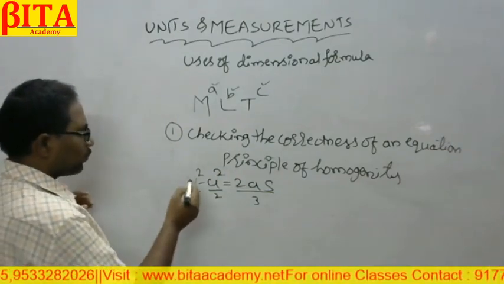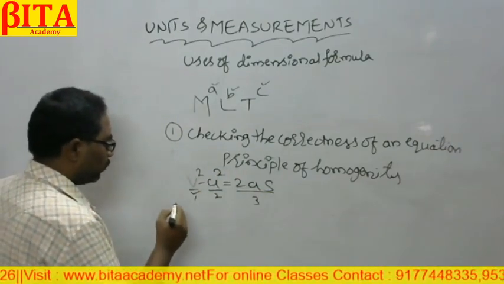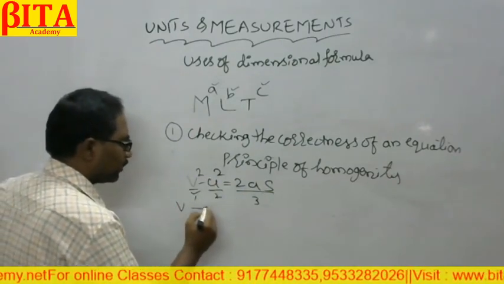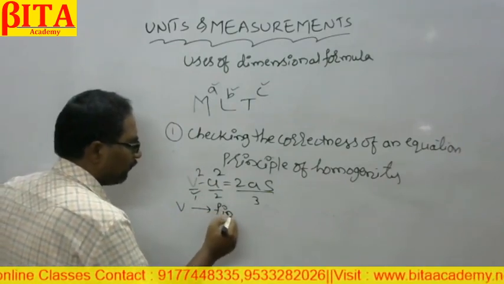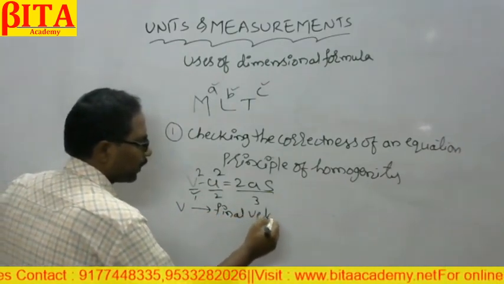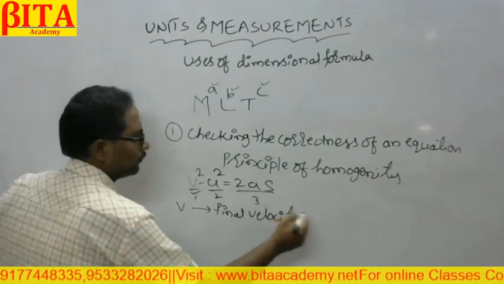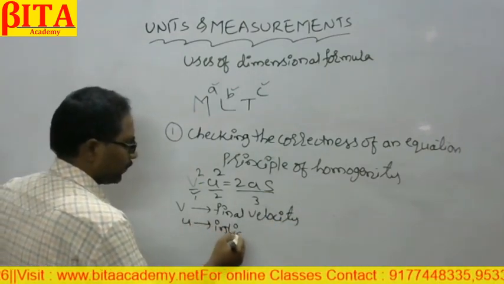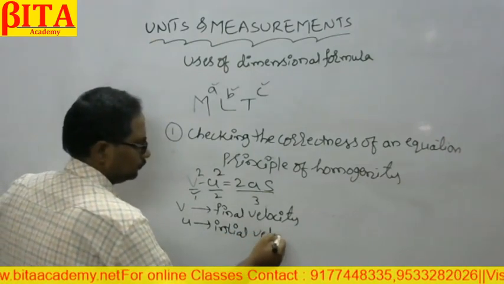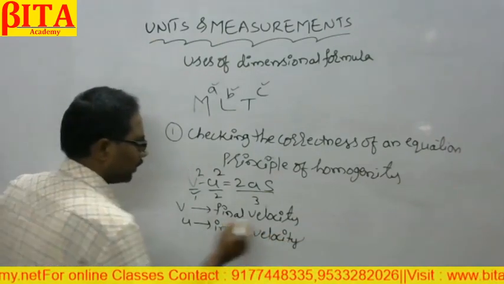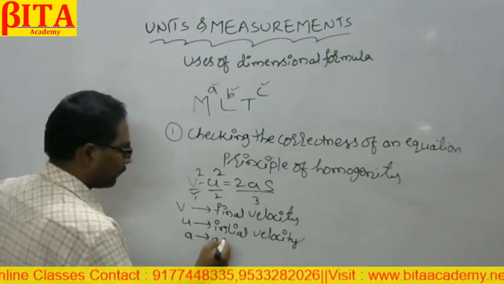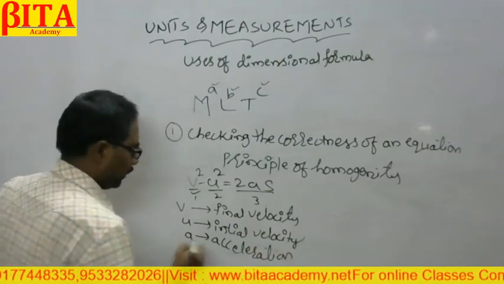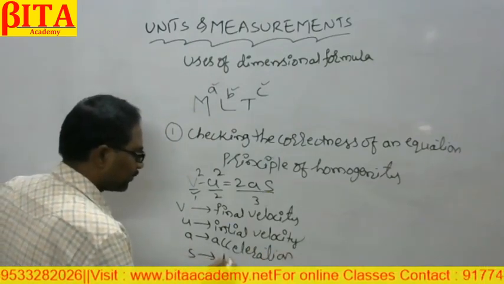And see here, v square minus u square is equal to 2as. Let us write down each thing in this equation. v is generally called the final velocity. u is the initial velocity. a is acceleration. s is the distance traveled.